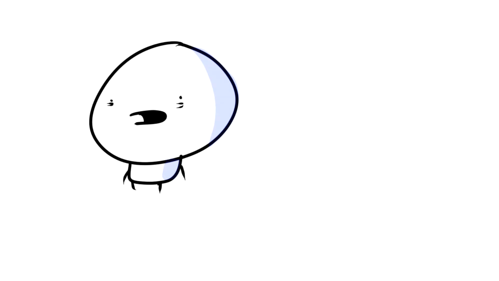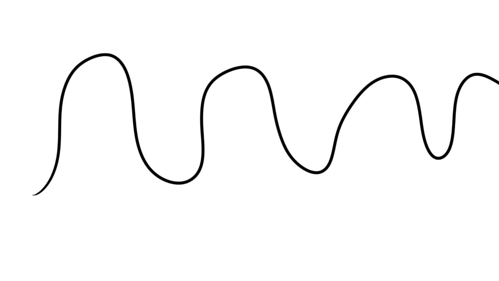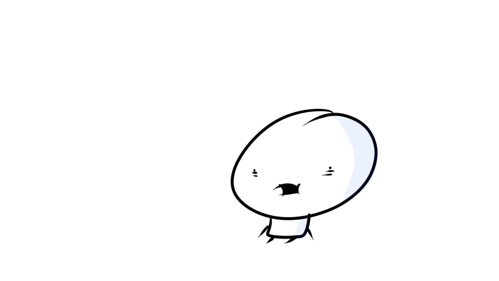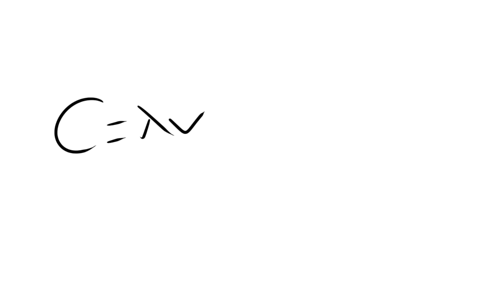I'm going to show you an example of calculating the wavelength of a light wave. A particular wave of electromagnetic radiation has a frequency of 1.5 times 10 to the 14th power hertz. What is the wavelength of this wave? We can start with our equation that relates frequency, wavelength, and the speed of light. c equals λν. Next, we rearrange the equation to solve for wavelength. λ equals c over ν.